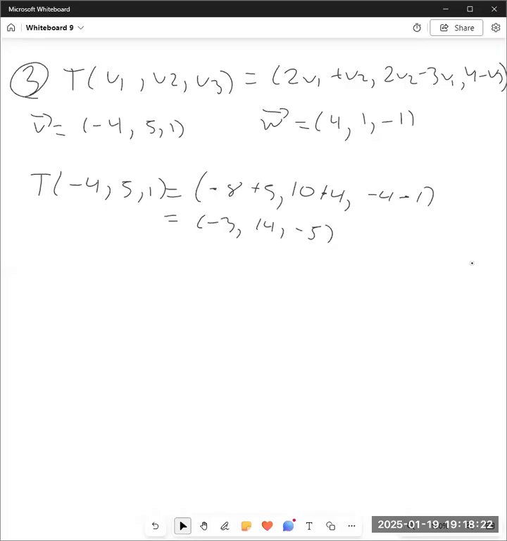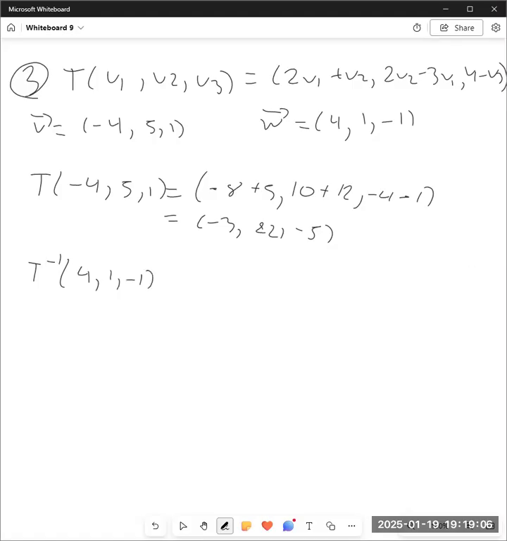Two times -4 plus 5 is -3. 2 times 5 is 10, minus 3 times -4, plus 12 makes that 22. There we go. And then I want T inverse of 4, 1, -1.